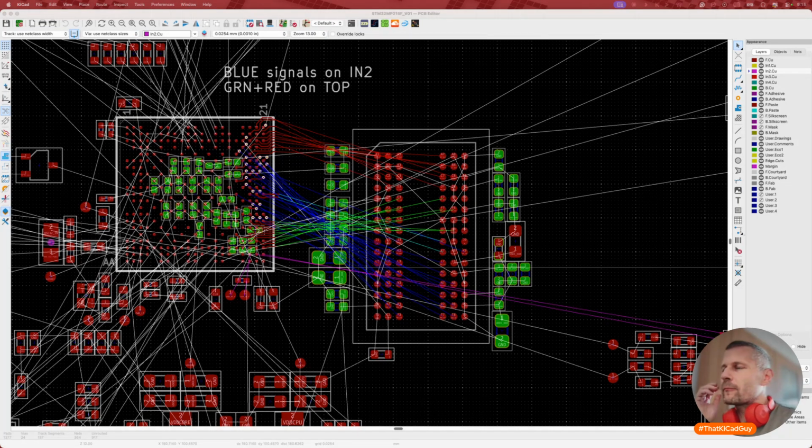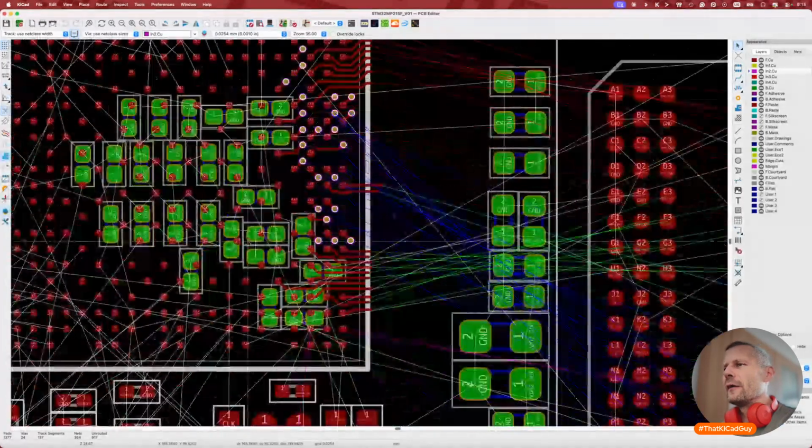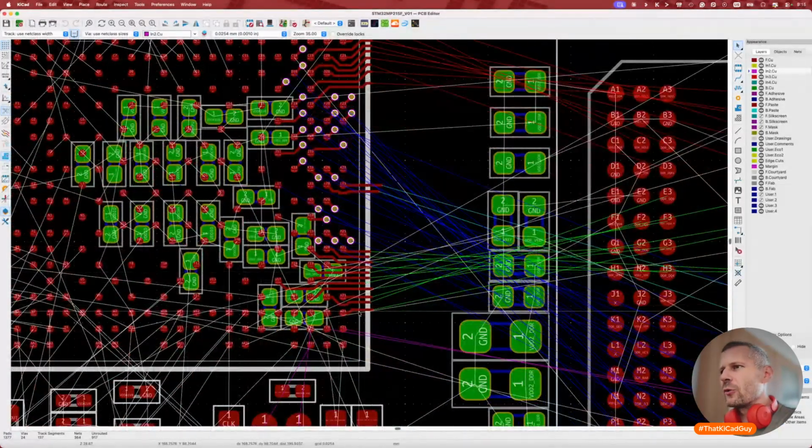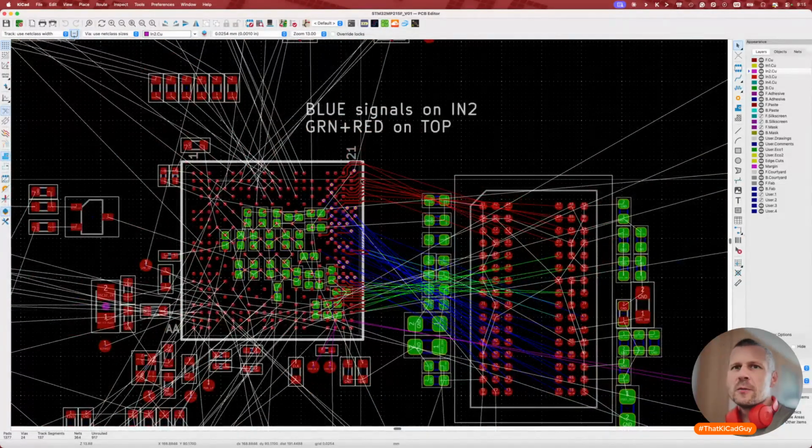Okay, so last week I concluded the session in the state that all the green and red signals, or nets, better said, are fanned out from the BGA of the MPU module.